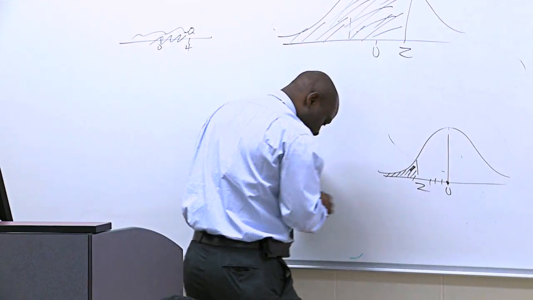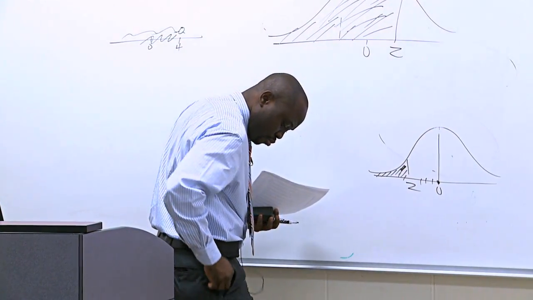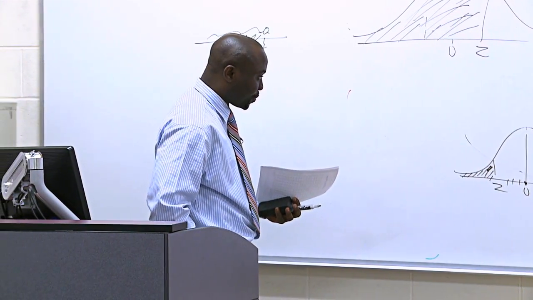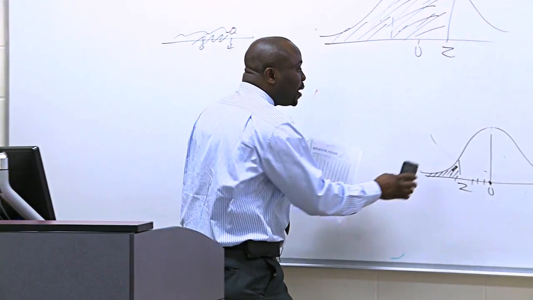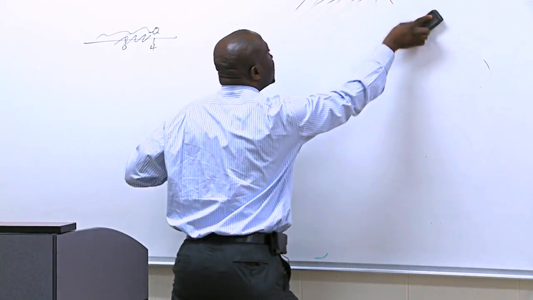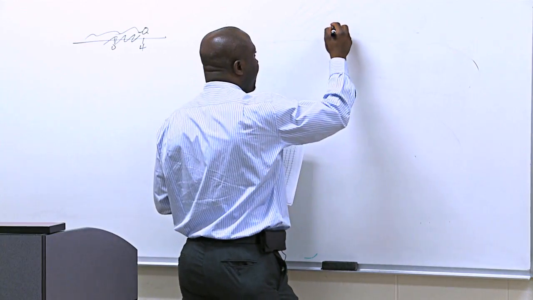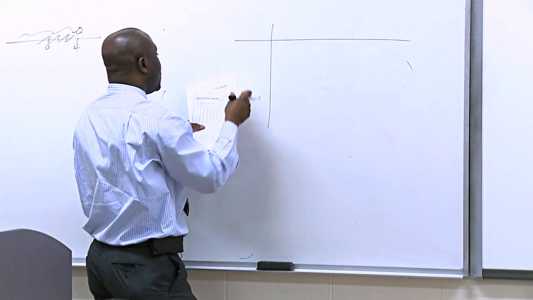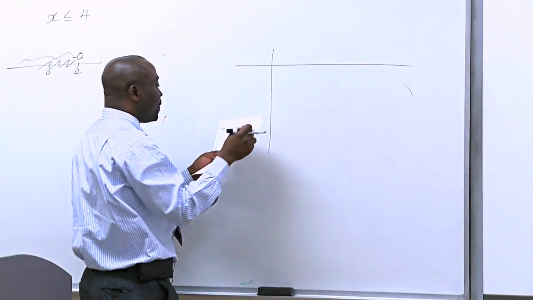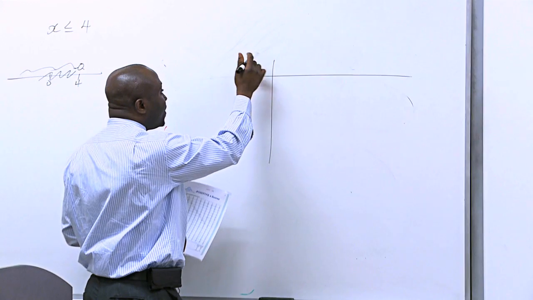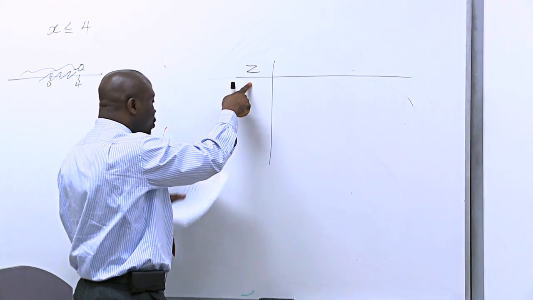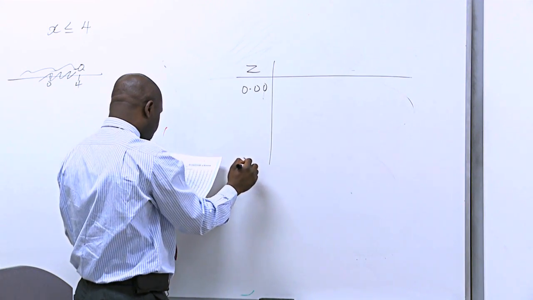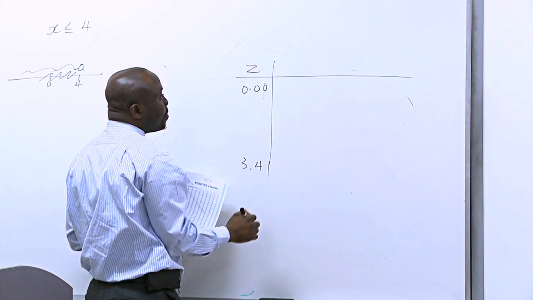And even before the examples, let's learn a few properties about the table. Now, if you look at the table carefully, on both the negative and positive, you have the first column, which consists of 0.0 down to 3.4 or thereabout.